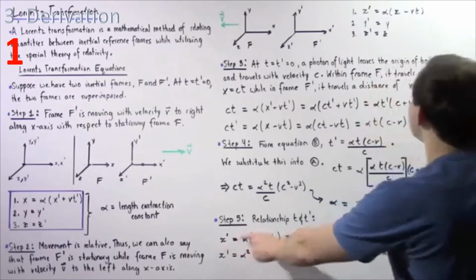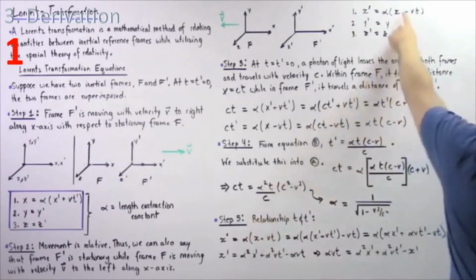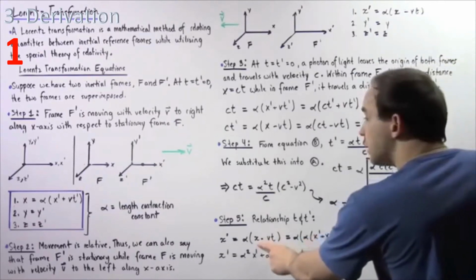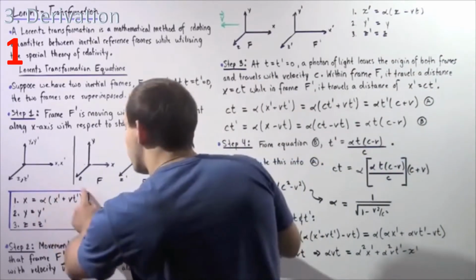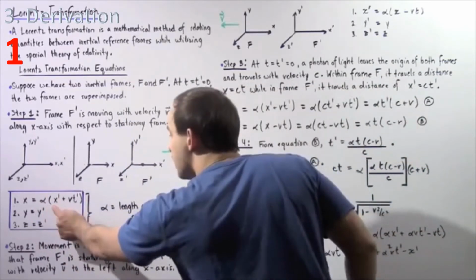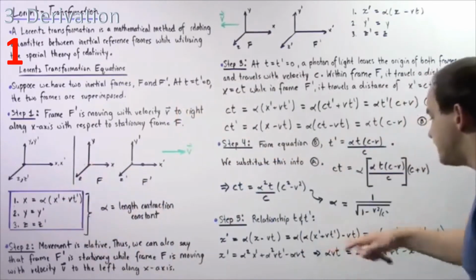So we know that x prime is equal to alpha multiplied by x minus v multiplied by t. Now let's replace x with the following equation. So x is equal to alpha multiplied by x prime plus v multiplied by t prime.